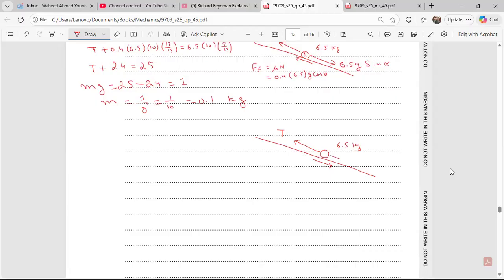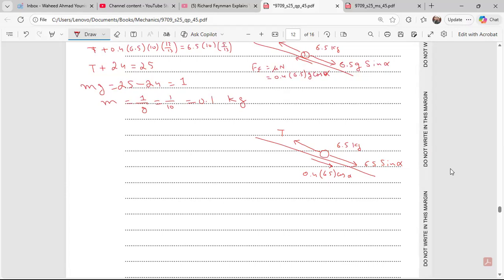And the weight downward is also 6.5 times g, this is 65, into sine of alpha, right? And this frictional force, we know it is 0.4 into 6.5 times 10 is 65, and cos of alpha. Okay, I put theta here, but technically it is alpha.